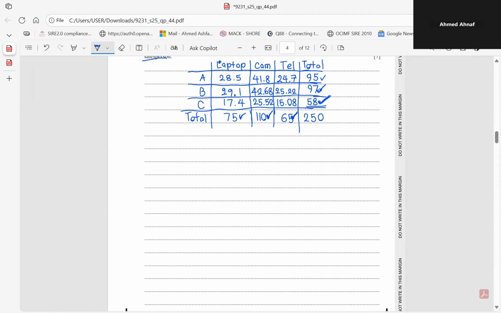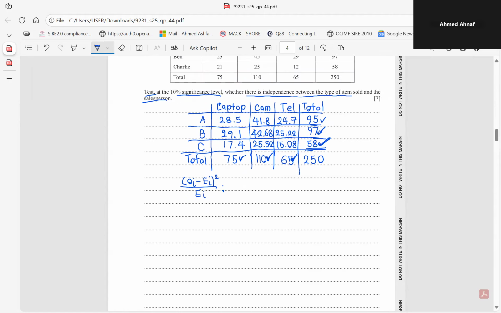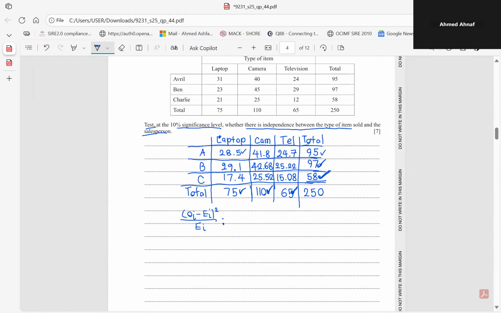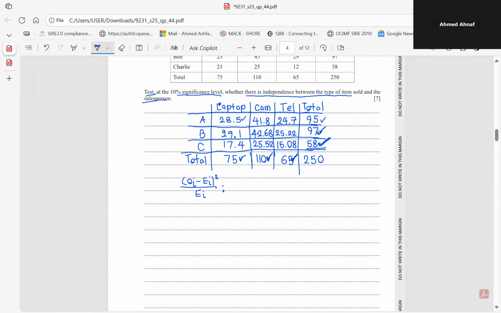Now we are going to find our (O_i minus E_i) squared over E_i values, for each individual cell. Let's take the first cell. The observed frequency is 31, so 31 minus 28.5 squared over 28.5. I'm just going to write it as a fraction: 25 over 114.